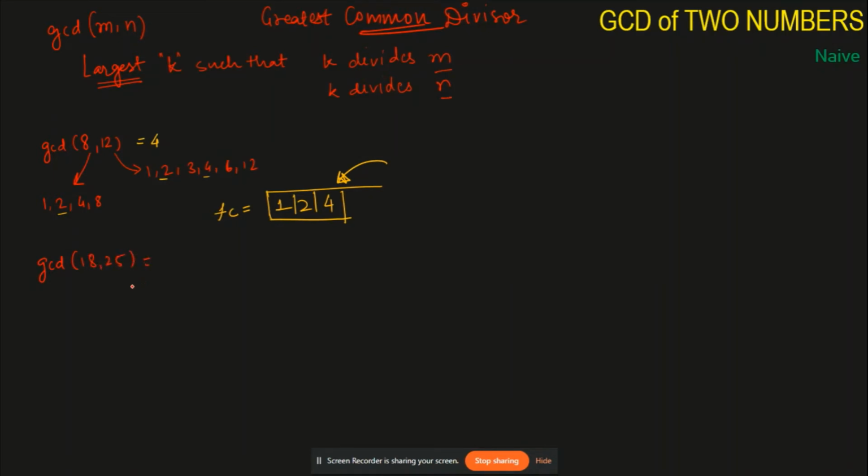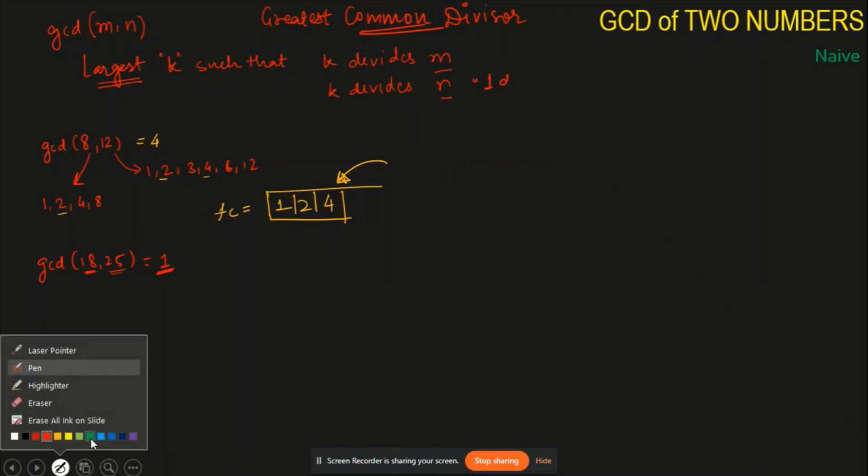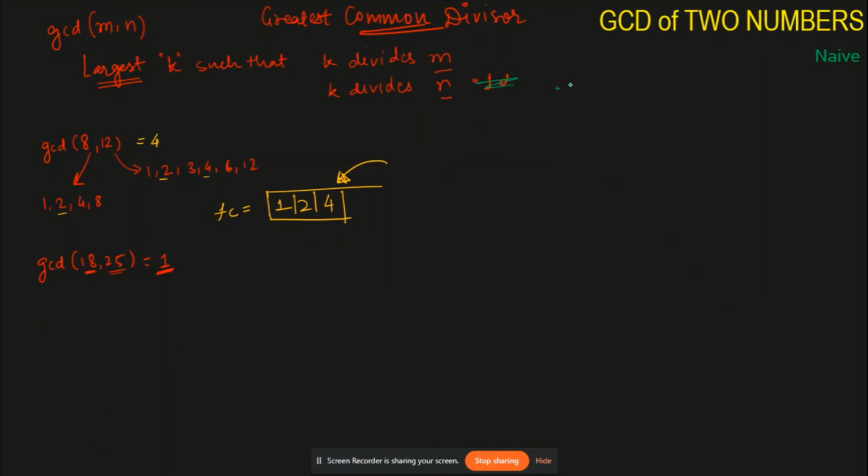Now let us take one more example, where we need to calculate the GCD of 18 and 25. Here we calculate all the divisors of 18 and of 25, and we find that there is no common divisor other than 1. 1 divides every number, so the common factor list is going to have at least one number, that is 1.